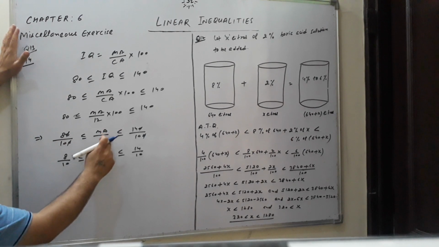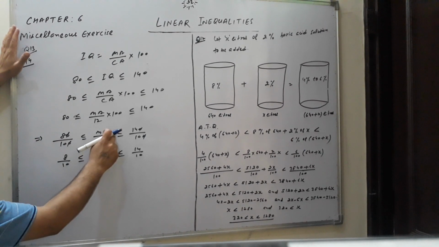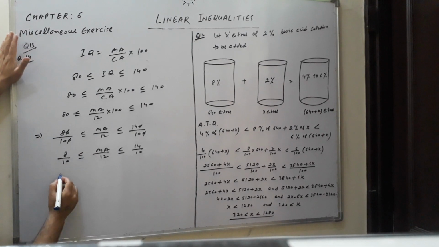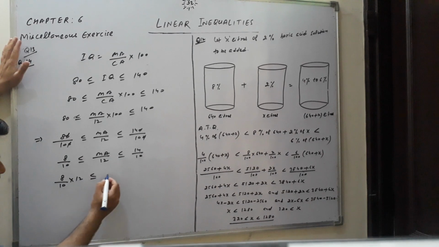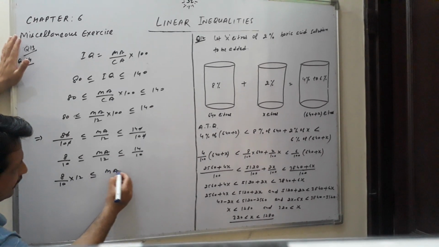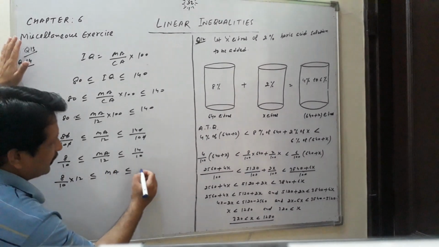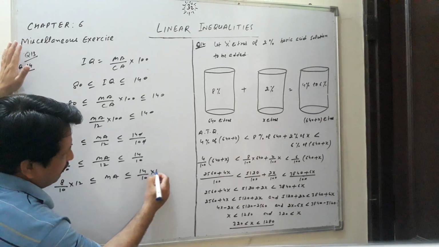Now here is 12. If we want to remove it from here, we have to multiply by 12. If it is multiplied by 12, it will come as 8 by 10 multiplied by 12 is less than or equal to MA is less than or equal to 14 by 10 multiplied by 12.